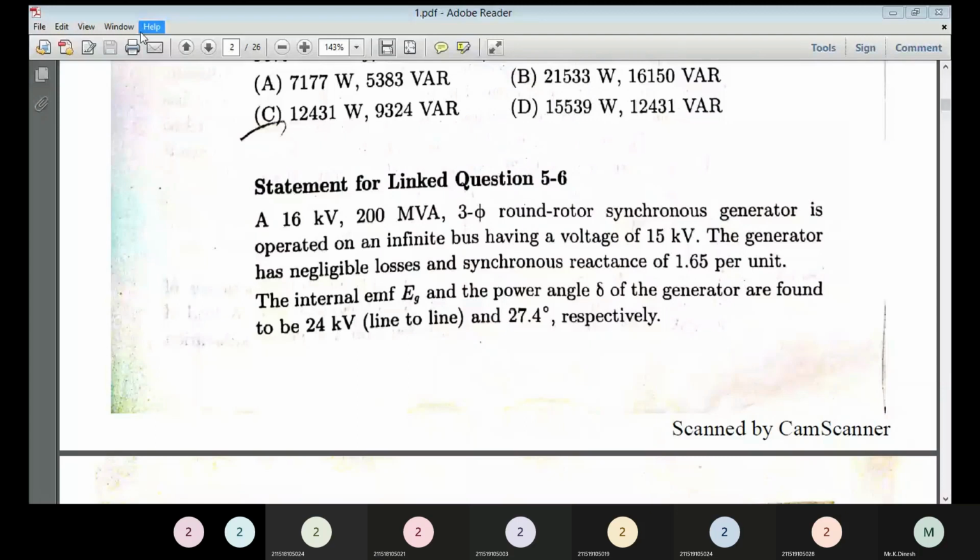For the 5th question and 6th question, we have the common data. For the common data, we have 2 questions. So just remember the question values: 16 kV, 200 MVA, 3-phase round rotor.